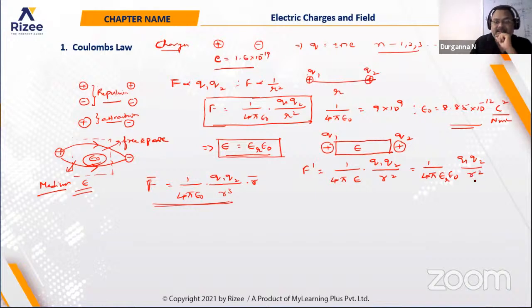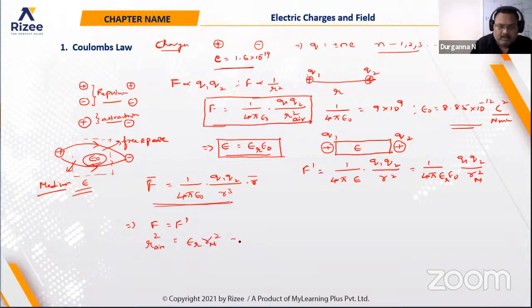This is the distance in the medium, whereas this is the distance in the air or the vacuum or free space. If these two forces are going to be the same, that is F is equal to F dash, then the common terms Q1, Q2, 1 by 4 pi epsilon naught will be cancelled. You'll be left with the distance in the air squared is equal to epsilon r, relative permittivity, into the distance in the medium.